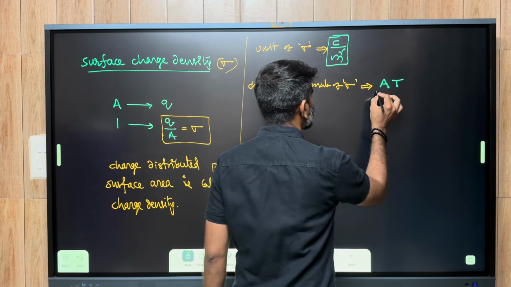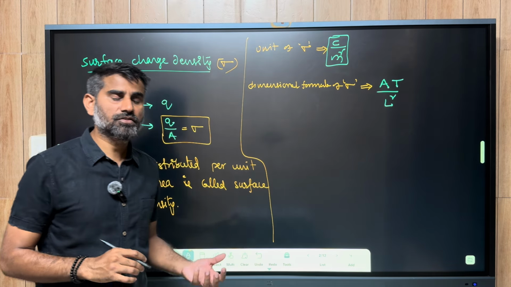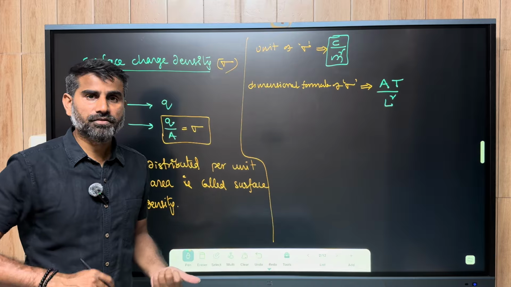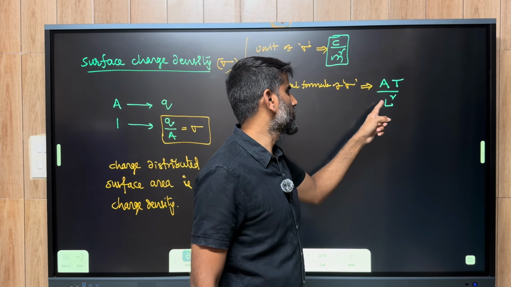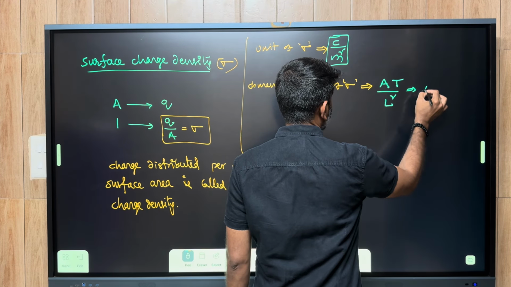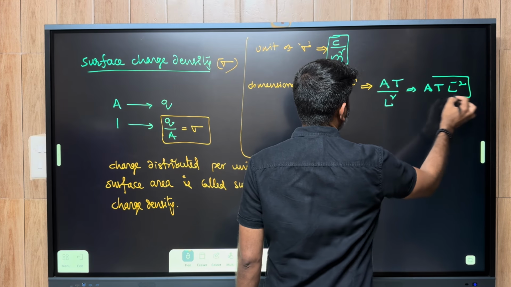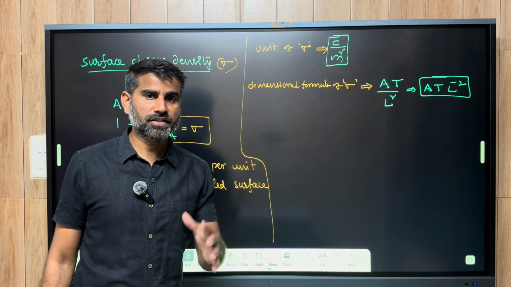Area's dimensional formula is L2, length square, because area turns out to be pi r square, side square, length into breadth. So it is always meter square, the unit is meter square, so the dimensional formula will be L2. If I rewrite this equation, ATL minus 2 will be our dimensional formula for the surface charge density.